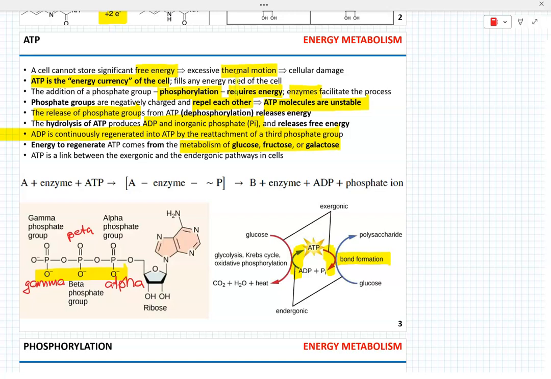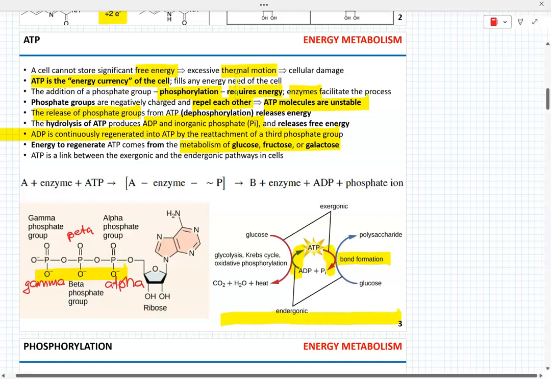ATP is essentially a link between the exergonic pathways and endergonic pathways in the cell, as you can see in this panel, where exergonic pathways are highlighted by red arrows, while endergonic pathways are highlighted by blue arrows.